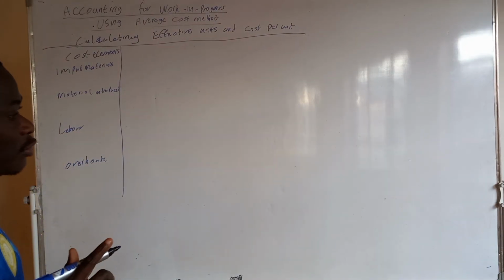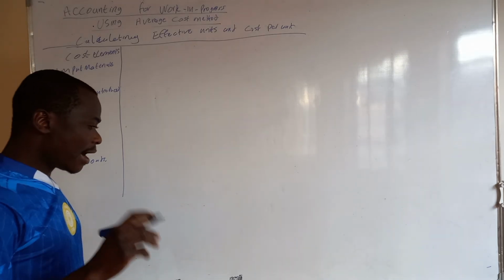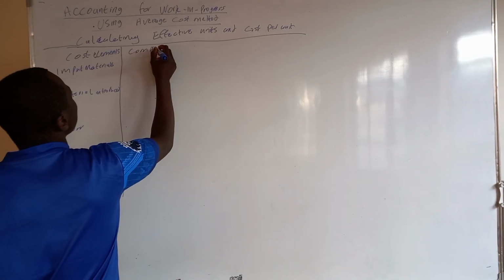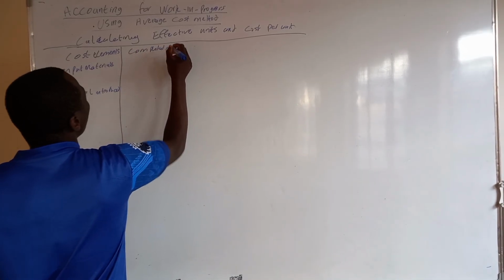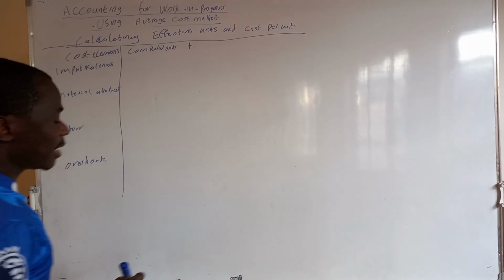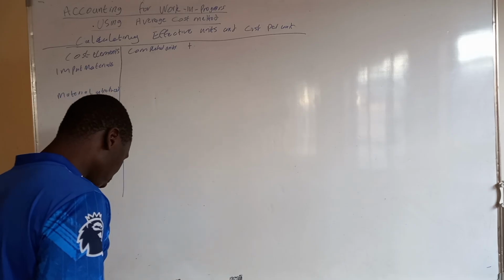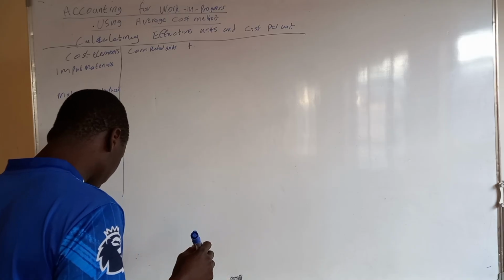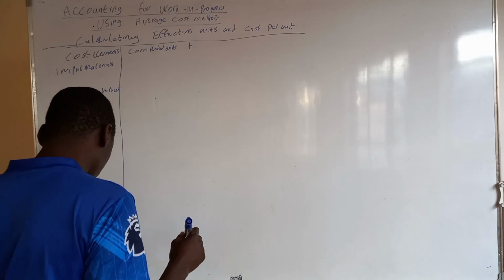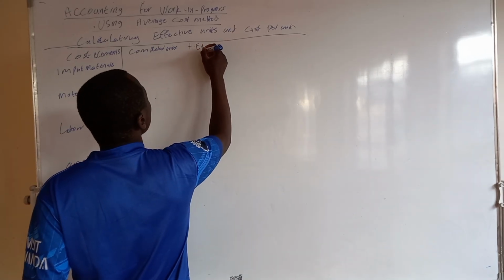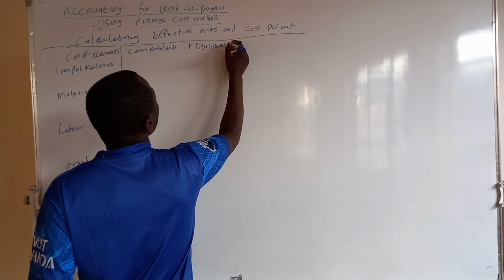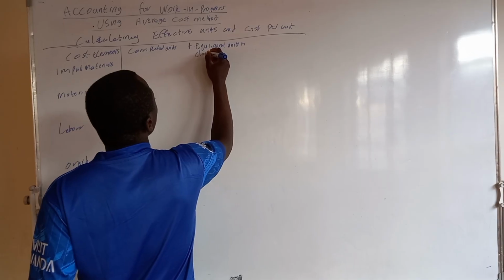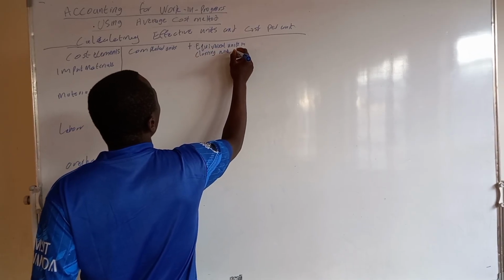For us to find effective units, it is a sum of completed units plus equivalent units in closing work in progress.